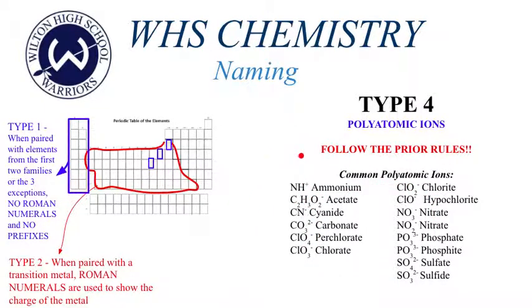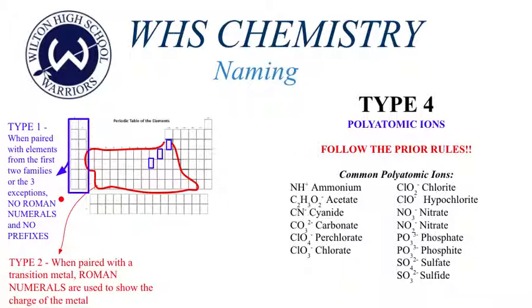But for naming these, you follow all the prior rules we just learned. So when you pair a polyatomic ion with an element that is like a type 1, so anything in the first two families or one of the exceptions, things that we looked at in the type 1s, you follow the rule with the type 1s.